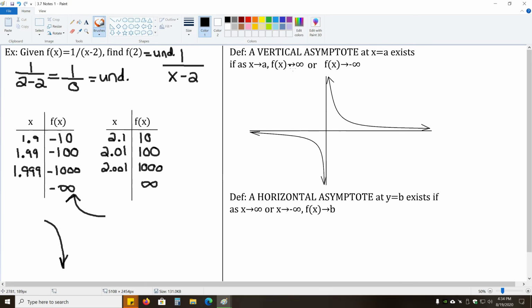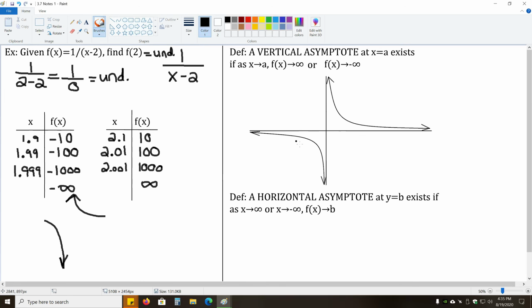We have a vertical asymptote at x equals a, at some value a. And we say a vertical asymptote like this exists if as x approaches a, f of x approaches infinity, or f of x approaches negative infinity.